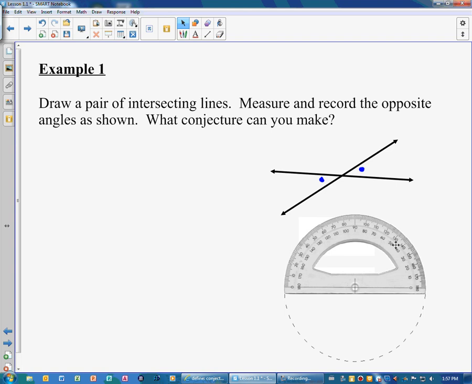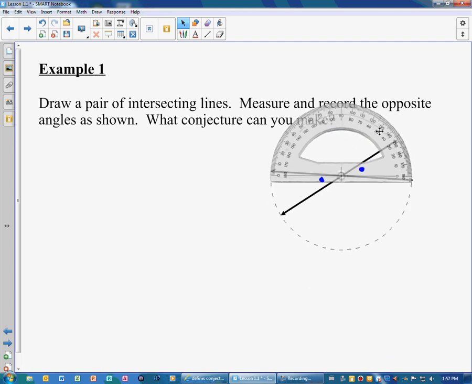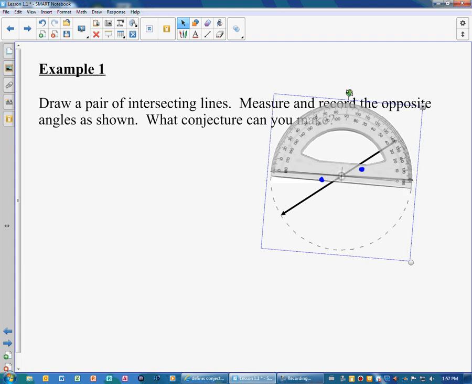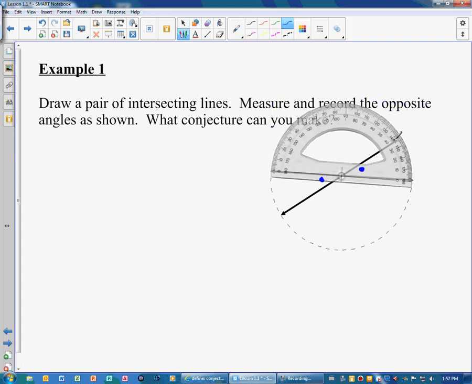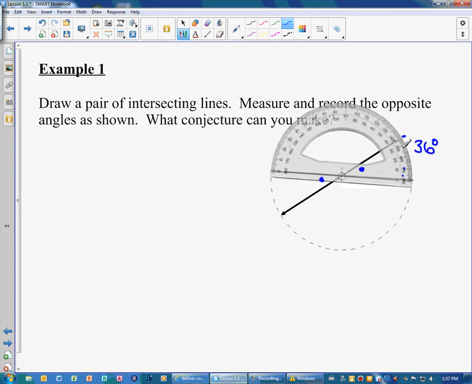So if I use this protractor here and I measure the angles that I marked, you would slide that bottom line across the line, okay? And then I'm going to read this angle here. So 10, 20, 30, maybe looks like about 36 degrees. 35's right there, it's a titch over. So that angle's 36.